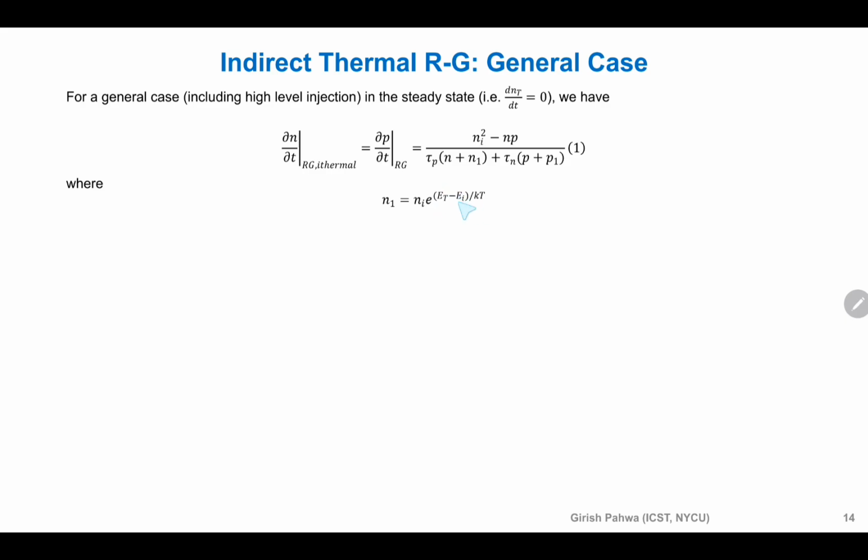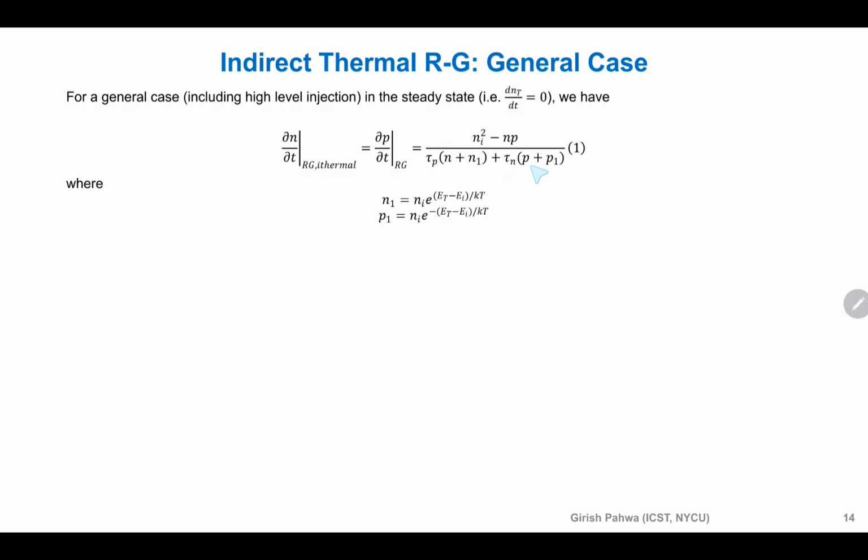Of course, Et minus Ei can become negative also, but then N1 will become equal to Ni. So in that case, this will increase a lot. It means the mid gap states are very effective in changing the concentration of electrons and holes. That's why I'm always talking about mid gap, right? Because they are the most important states.